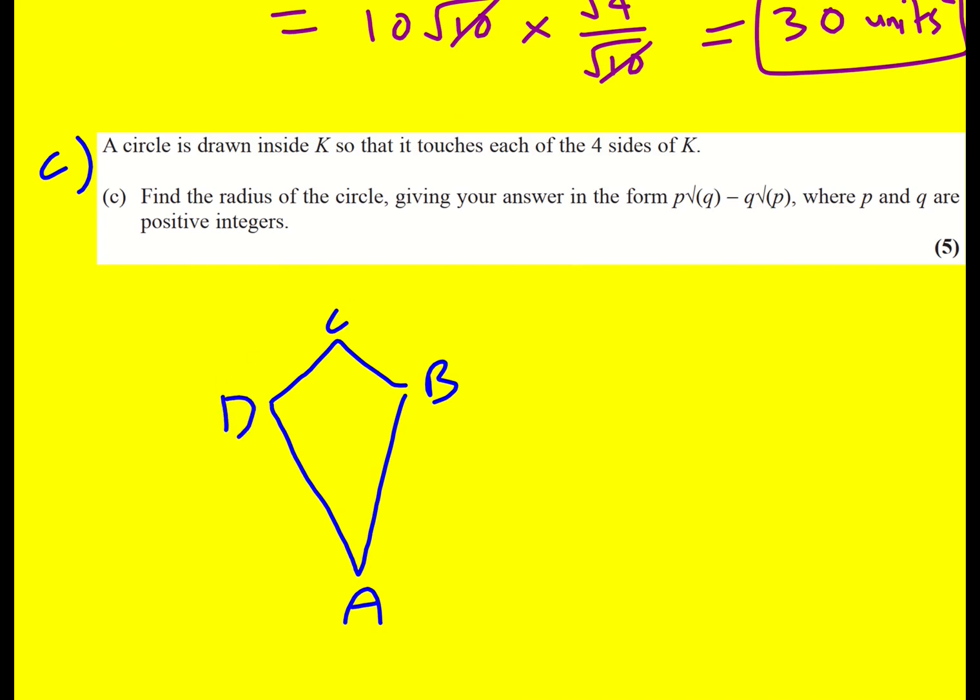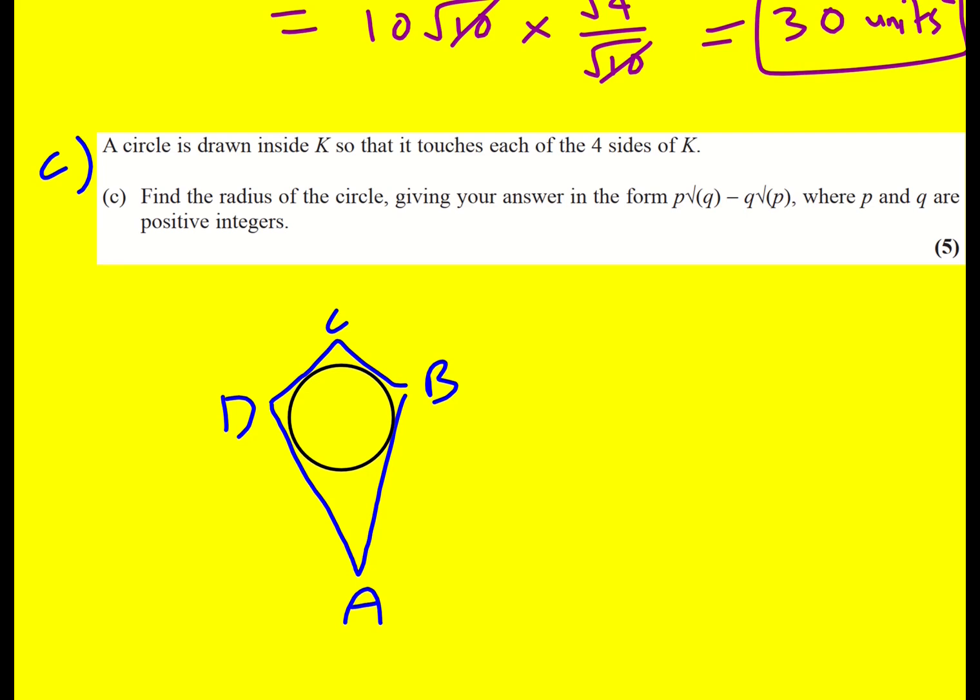And now we're told we've got this circle that just touches. It's actually very, very hard to draw that accurately. Of course, my kite is not drawn super accurately. Okay, yeah, that looks pretty good, to be fair.